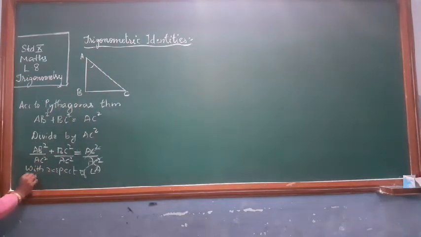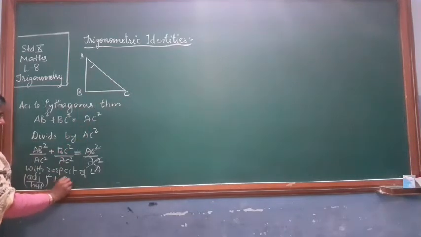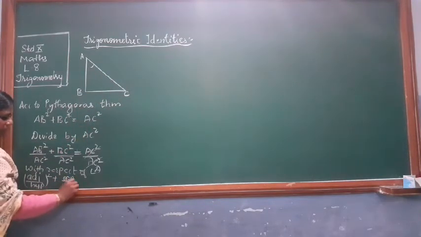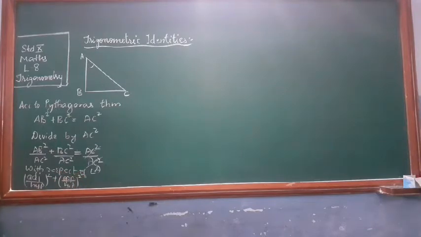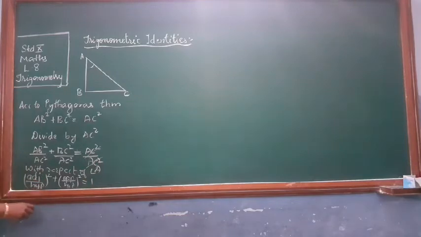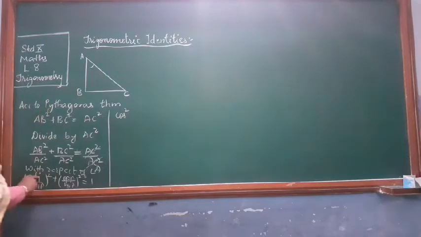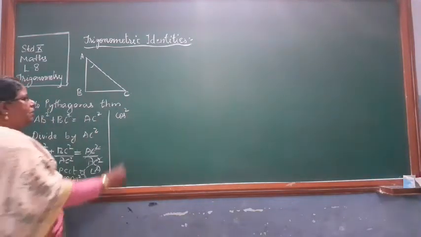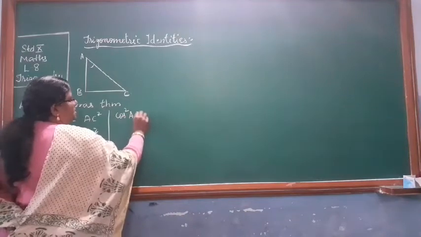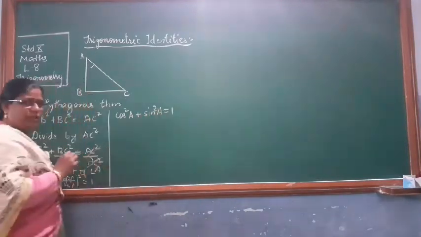So, we can write adjacent by hypotenuse the whole square plus what is BC square by AC square? That will be opposite by hypotenuse the whole square. It will become equal to 1. Now, adjacent upon hypotenuse, it is what? It is cos square, है ना? Adjacent upon hypotenuse is the ratio for cos, so cos square A plus sin square A will be equal to 1.